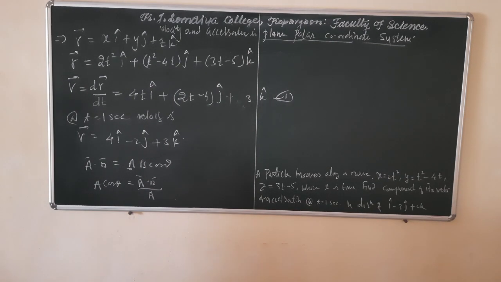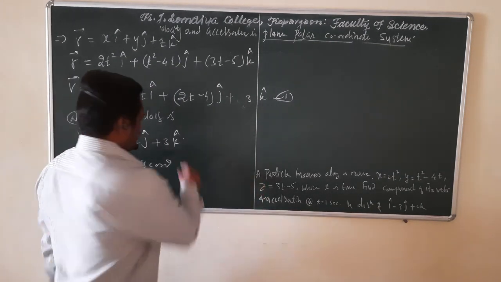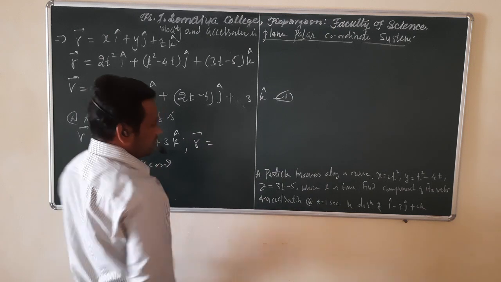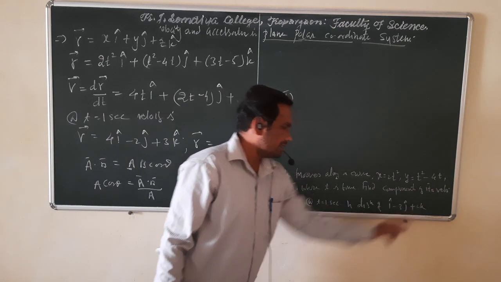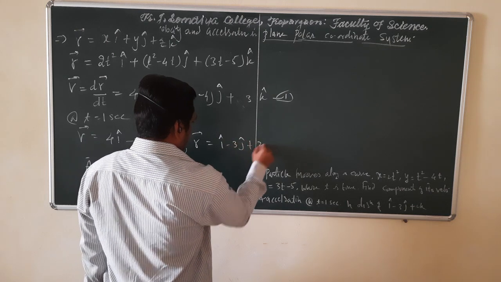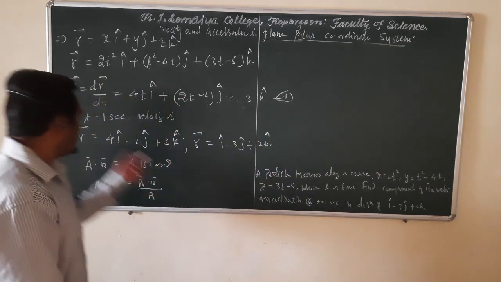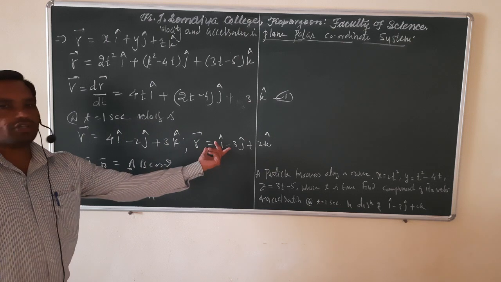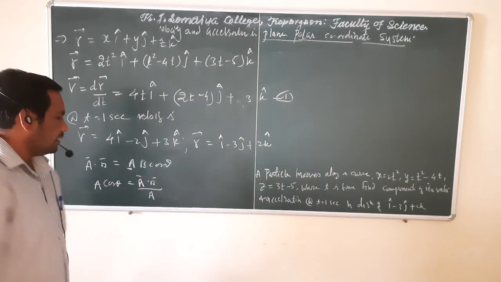So here vector r is given as i minus 3j plus 2k, and the component of velocity in the direction of vector r is what?